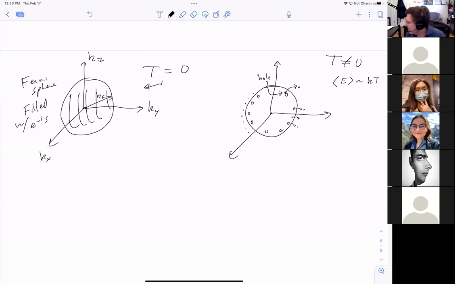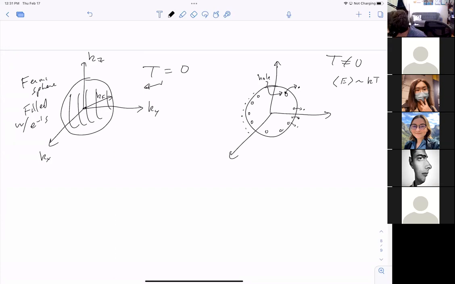That's right. And why can't they just be excited inside of the sphere? Why can't I just go from one state to another state inside of the sphere? Because those states are probably already occupied. Exactly. The states are already occupied and electrons are fermions. So you can't move electrons inside of the sphere. They can't move.